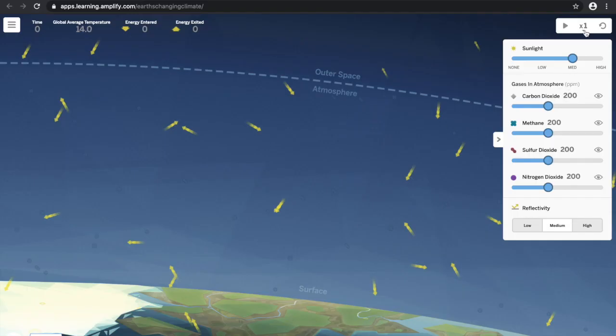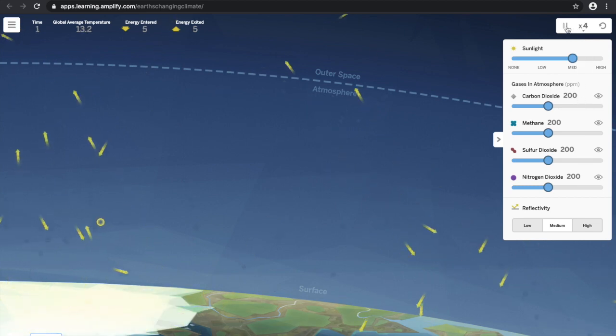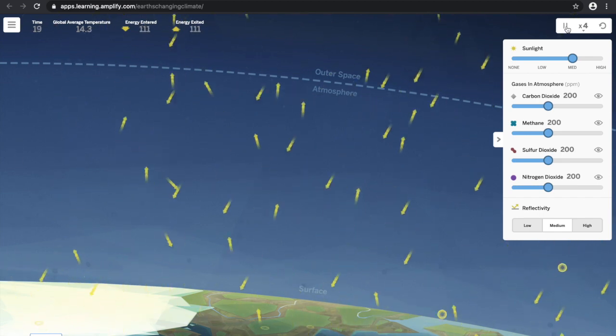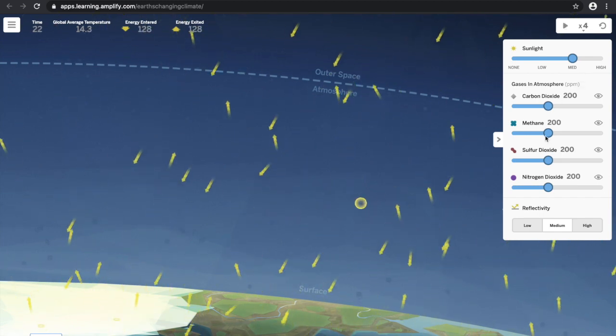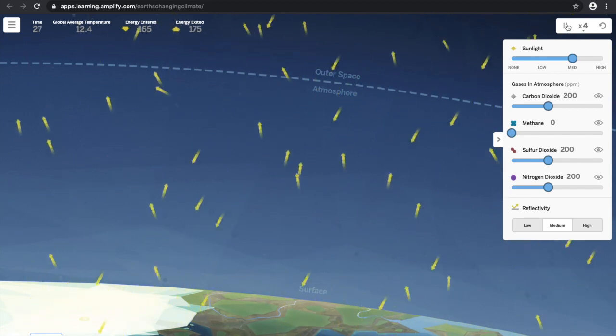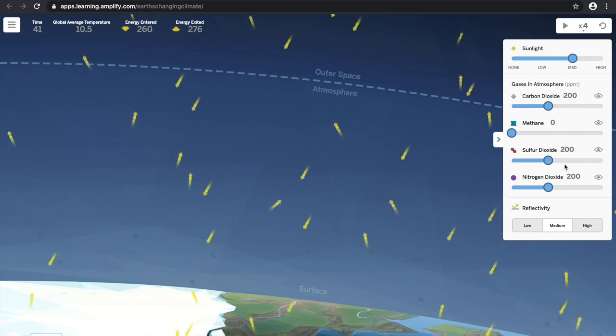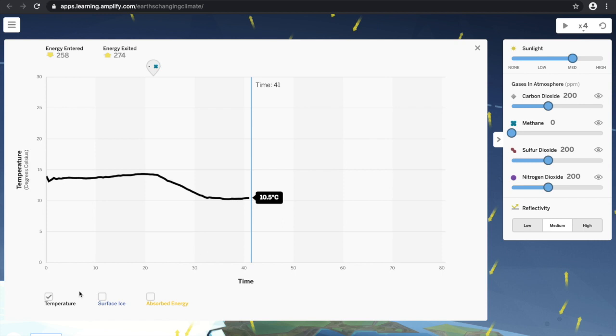And for the final one, which we can kind of predict is going to be the opposite, if we get rid of methane, what will happen? Take a look at our charts.